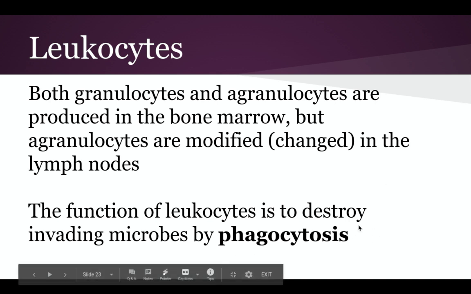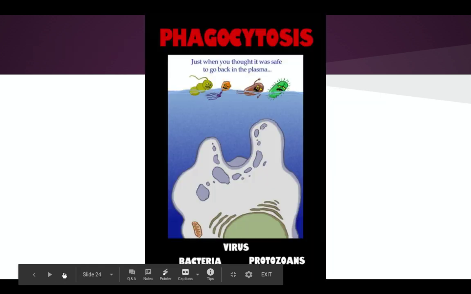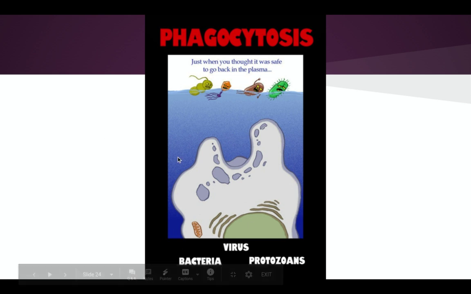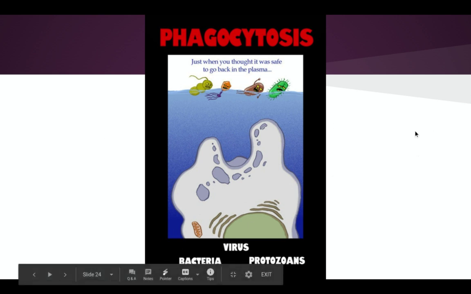So again, if we remember back from last year in Science 10, we talked about phagocytosis, which is basically the cell eating. So if these leukocytes, these white blood cells, see an invading microbe, they will open up and ingest it. Okay, so kind of showing what's happening here. Similar to the JAWS poster, if you've seen JAWS.